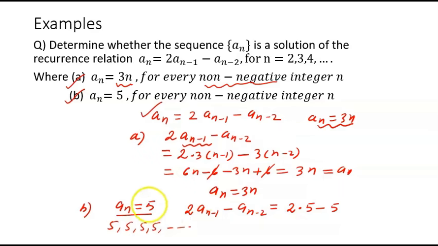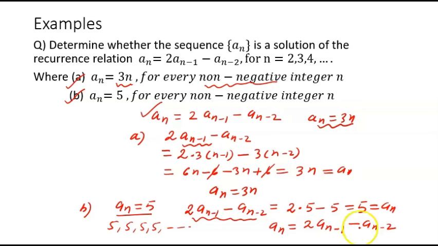So if I consider this sequence as a solution of this recurrence relation, then yes, that solution is also satisfying this recurrence relation, because 2an minus 1 minus an minus 2 is equal to 5, which is nothing but an. So here an is equal to 5 is satisfying the recurrence relation 2an minus 1 minus an minus 2.